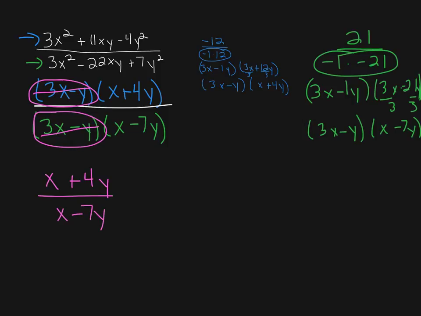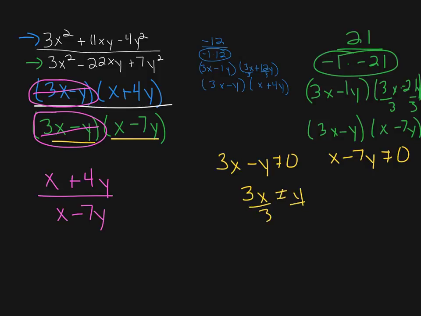Now we just need to find our excluded values. Remember, you have to use even the factors we crossed off. So 3x minus y cannot equal 0. x minus 7y cannot equal 0. So 3x cannot equal y, divided by 3, x cannot equal y over 3.